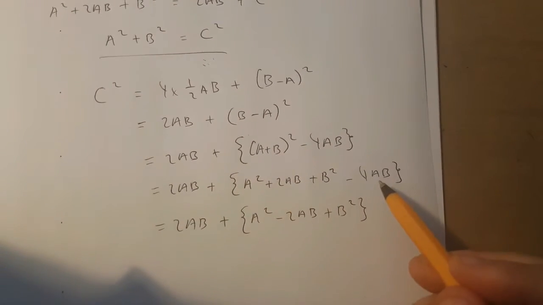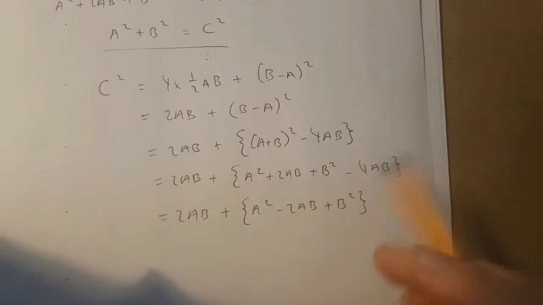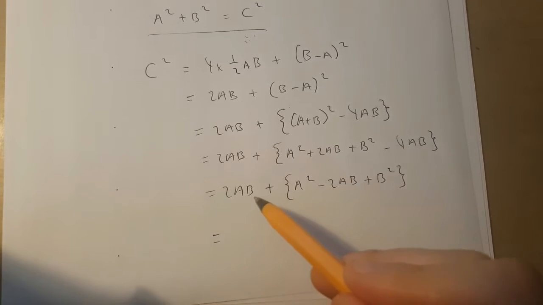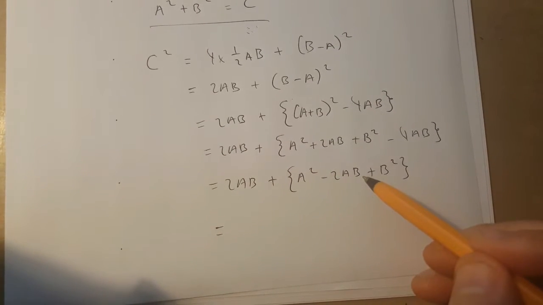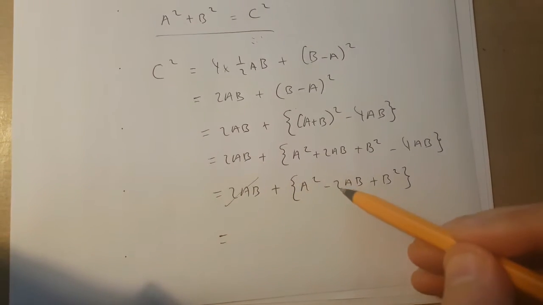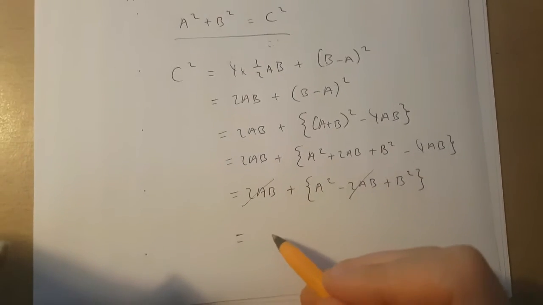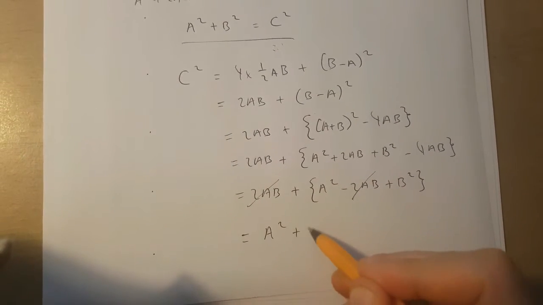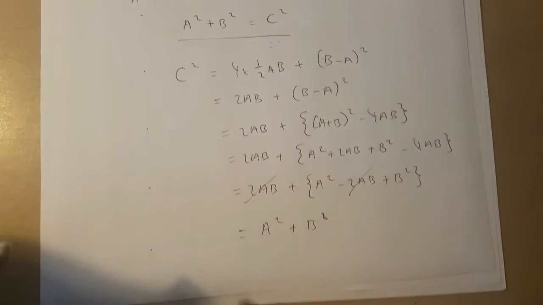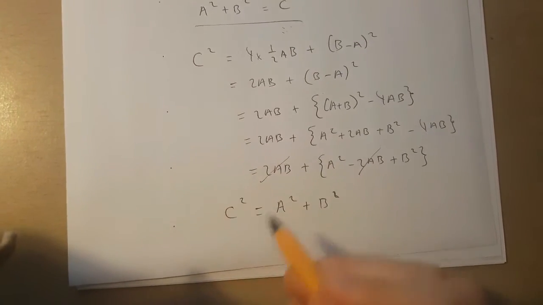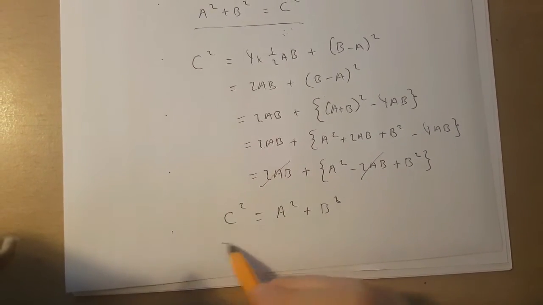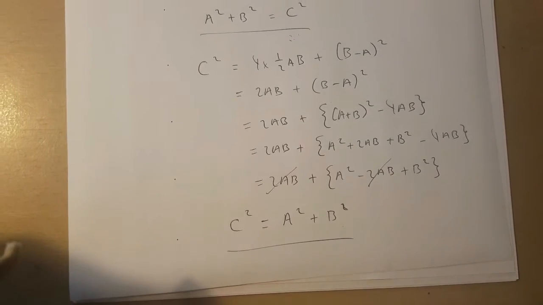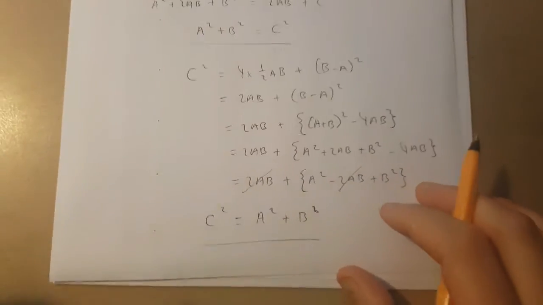Because 2ab minus 4ab is minus 2ab. And if I have 2ab minus 2ab, these two cancel out. And what I'm left with is a squared plus b squared, okay? And this is equal to c squared. So once again, I've derived Pythagoras' theorem.